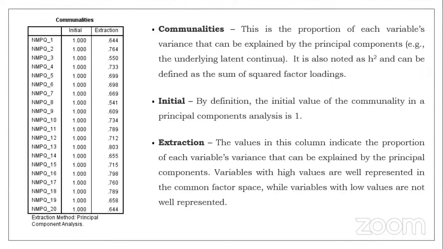All right. So variables with high values are well represented in the common factor space, while variables with low values are not very well represented. Fortunately here, as you can see, almost all of these have values more than 0.5. I think the lowest one is 0.54, and the highest one is 0.80, very high actually. All right, so that's how we are going to interpret.